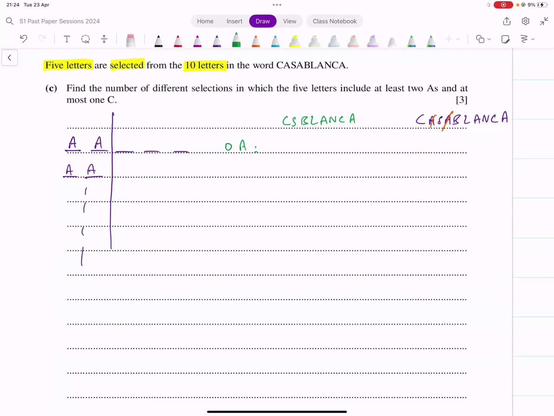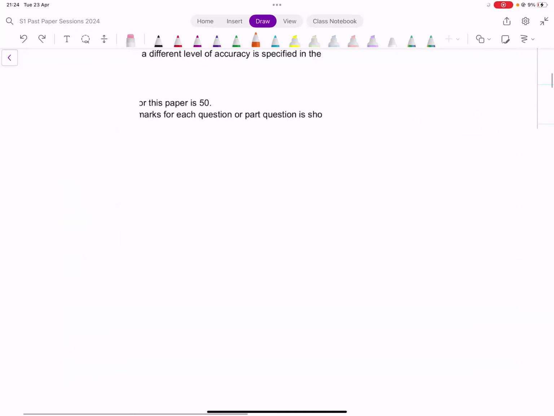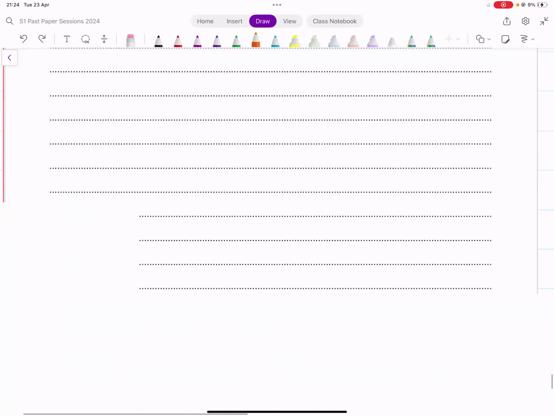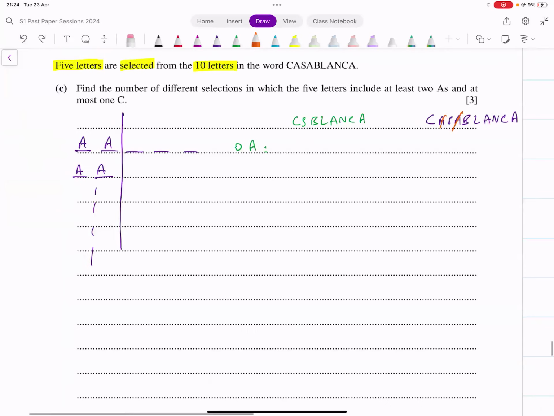Okay, if there's 0 A, let's forget about the C as well now. Let me repeat what I mean by that. It says there should be at most 1 C. That means out of these 2 C's that we've got, we can only have 1. So we can just get rid of one of these C's as well.